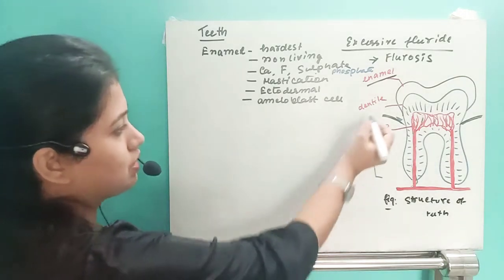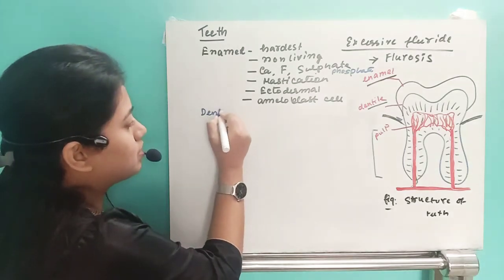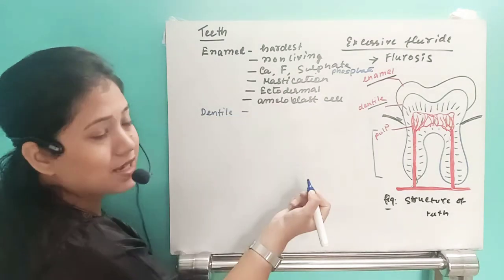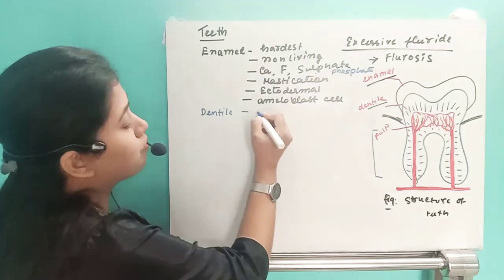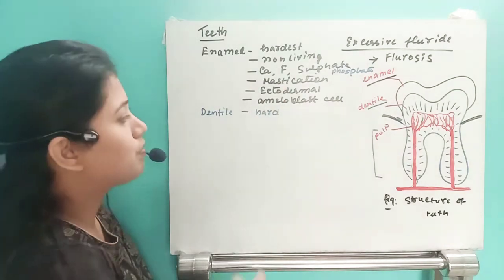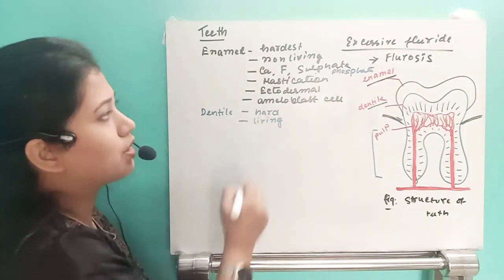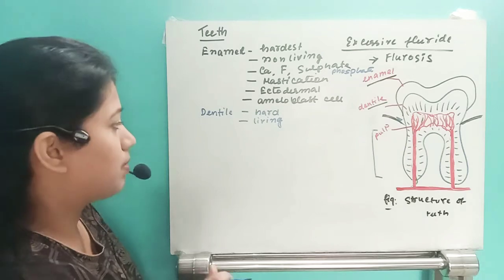Now let's move to the dentine part. This dentine is also hard, but it is not as hard as enamel. Next, yes, it is a living part. Remember that.